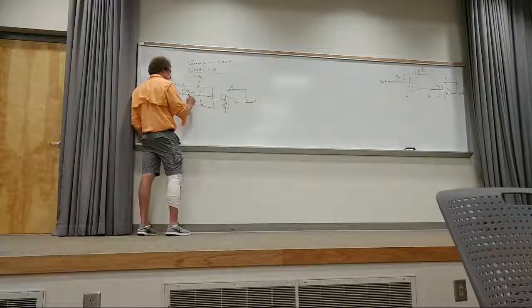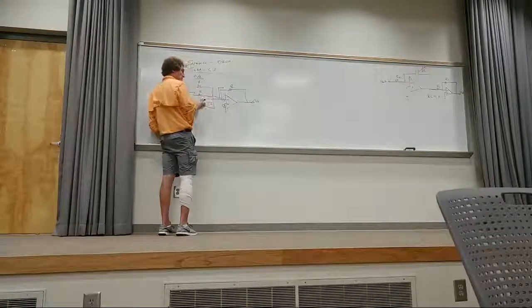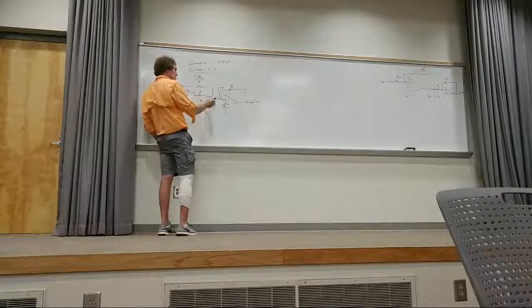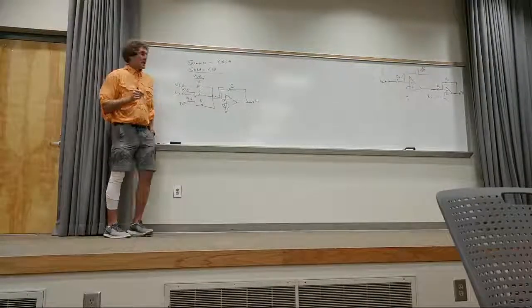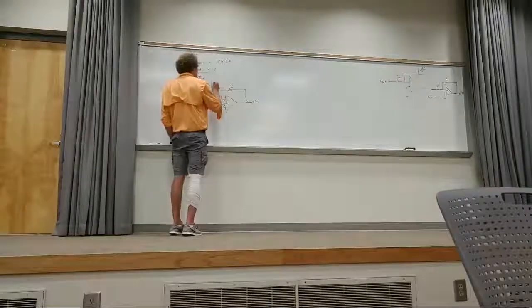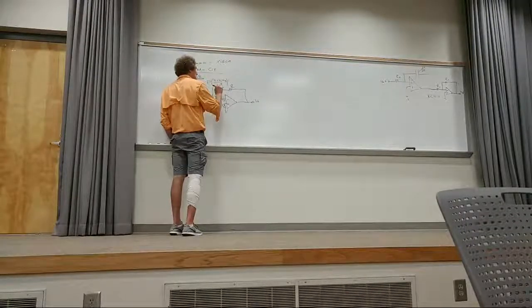V3 over R. What's the total amount of current flowing here? V1 over R plus this, and no current can flow into the negative terminal. Follow me? So the total amount of current here is really V1 plus V2 plus V3, divided by R. That is the current I flowing this way, right here.